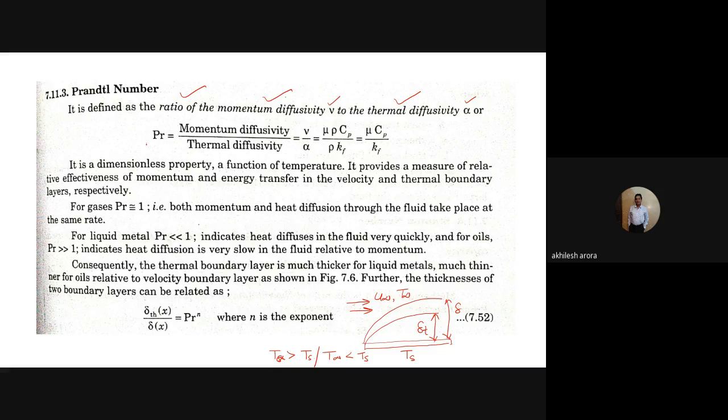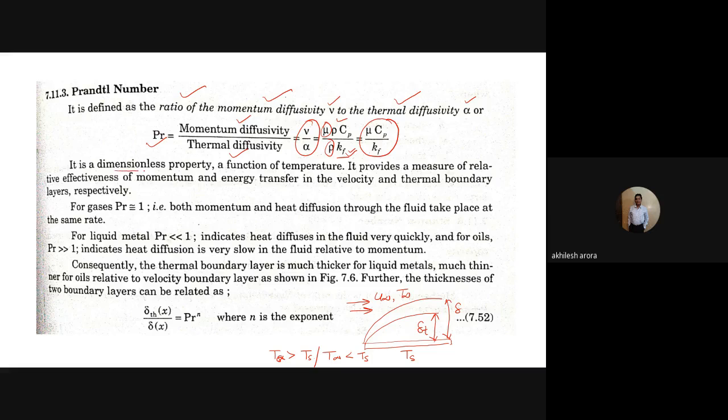If you calculate the momentum diffusivity and thermal diffusivity, it is nu by alpha. Nu can be written as mu divided by rho, whereas alpha can be written as k upon rho Cp, where k is for the fluid. So finally, this is the expression for the Prandtl number: mu Cp by k.